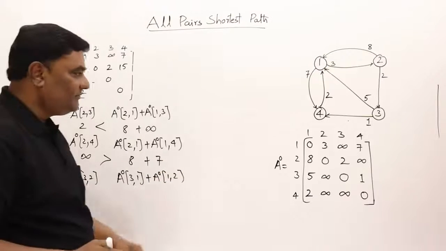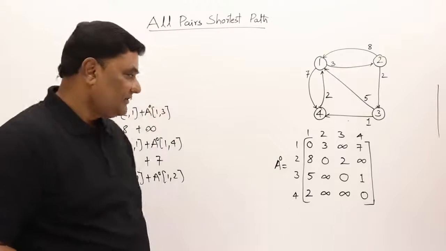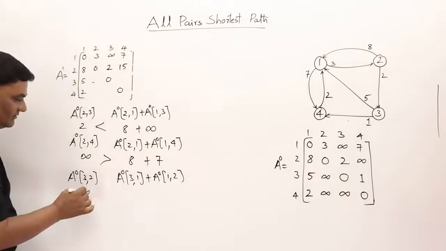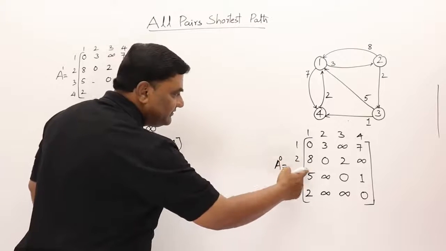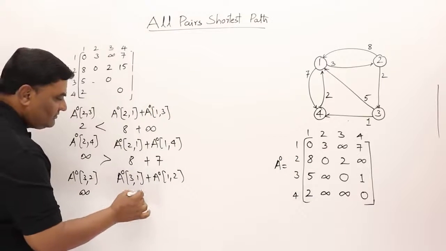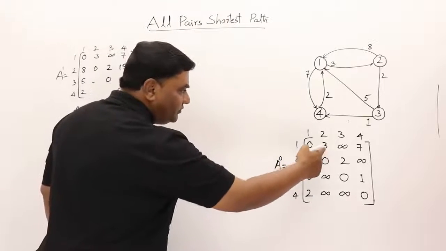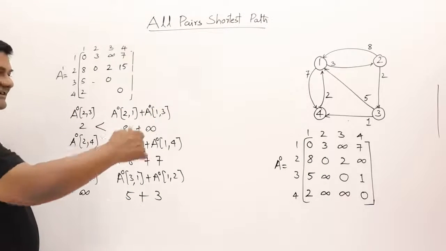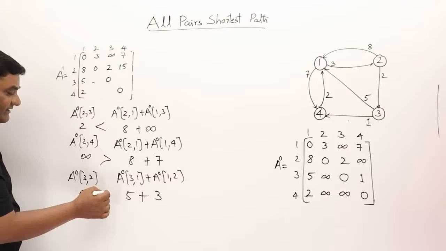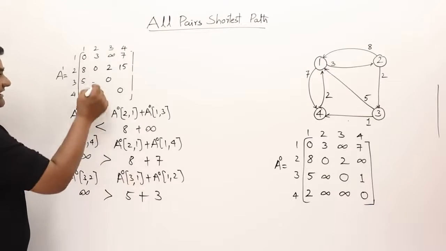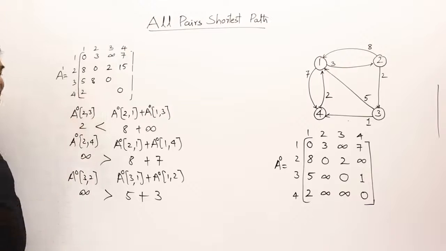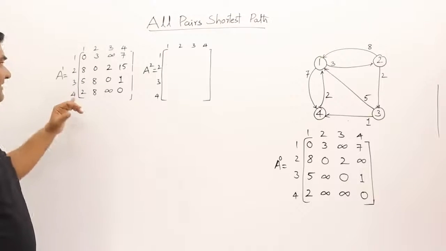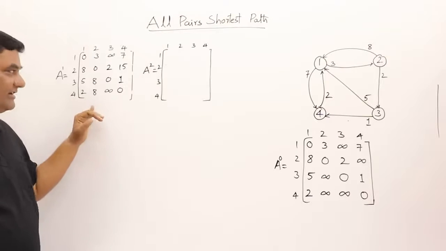So 3 to 2 is how much? 3 to 2 is infinity. 3, 1, 5 plus 1, 2 is 3. So you can check there. Here infinity is greater, so this value is smaller, that is 8. So we got a smaller value, 8. In the same way, I should fill up all these values. So I have prepared this matrix which is going via vertex 1.